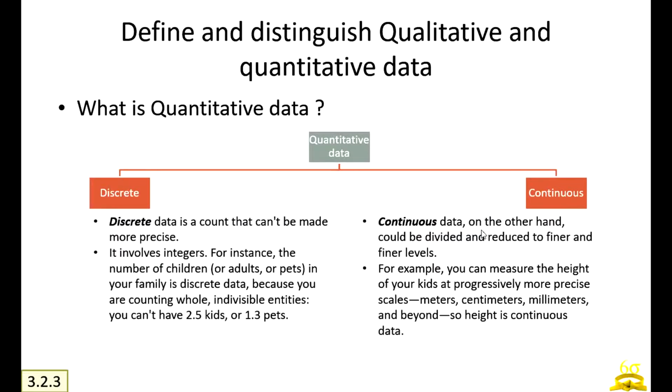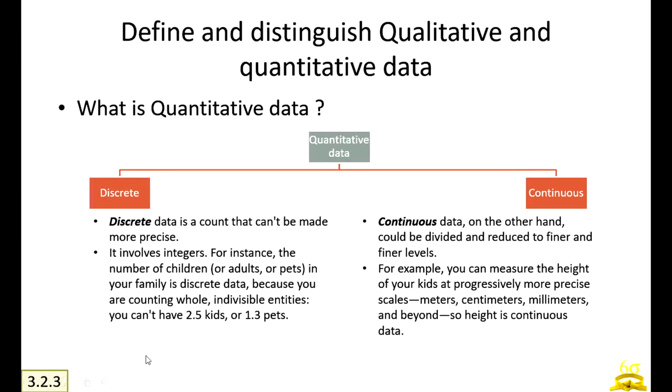Now quantitative data, I think this is the simplest data to understand since it is numeric, but the only difference is there is a discrete type and there is a continuous type. What is discrete data? Discrete data is data which is built up with continuous data, but you cannot further divide it, right? Say for example, you are collecting a sample and asking how many children you have.